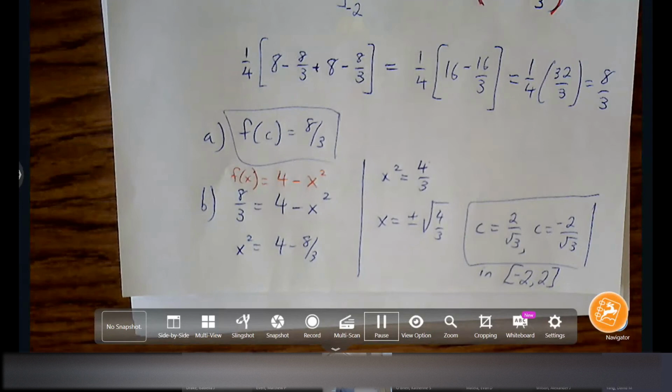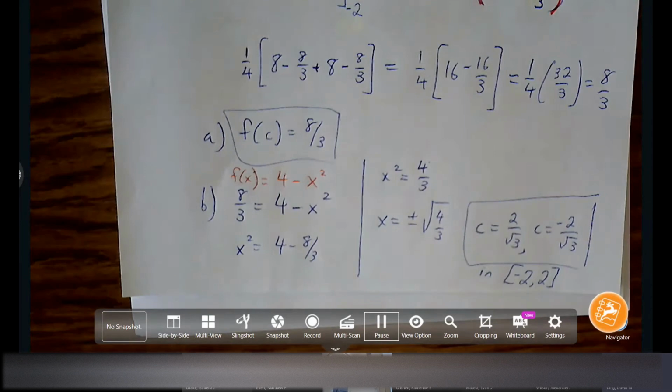So 8/3 replaces f of x. I'm just solving for x here, so subtract 4 from both sides. Divide both sides by -1. Take the square roots. Remember, taking square roots of an equation is going to result in a plus or minus. But if you test in your calculator, both 2/√3 and -2/√3 land nicely between -2 and 2.